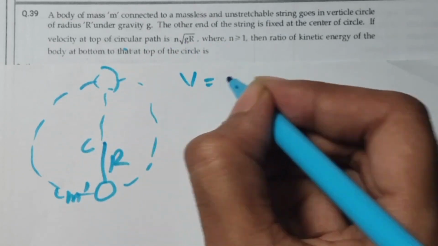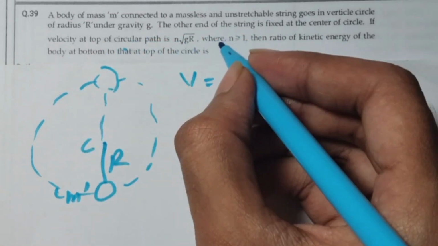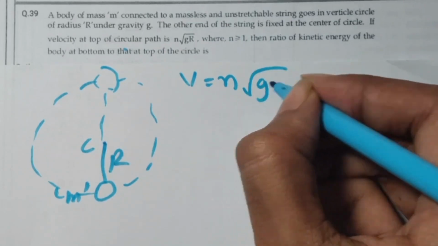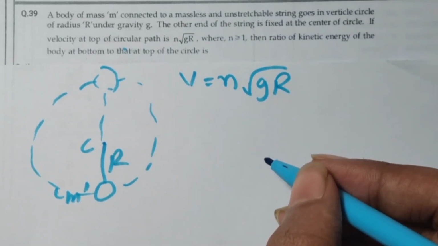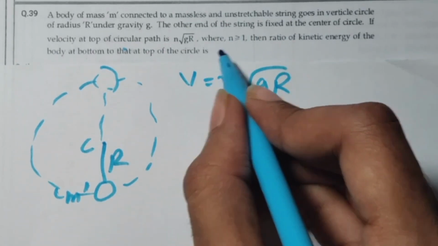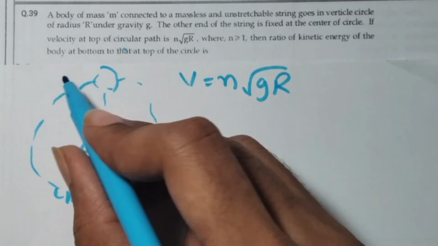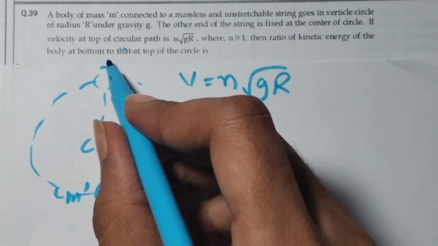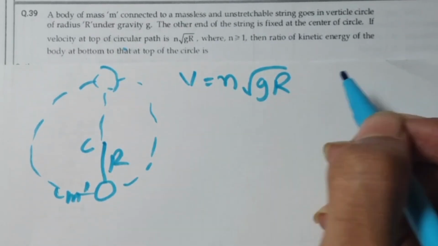They are asking for the ratio of kinetic energy at the bottom to that at the top of the circle.